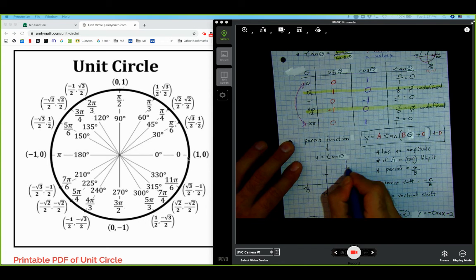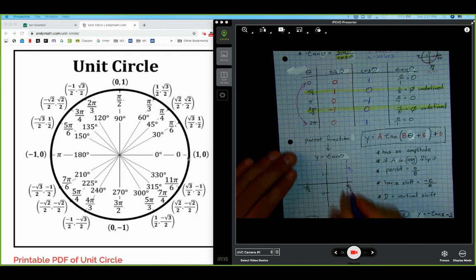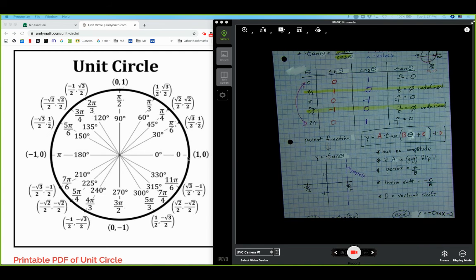This is an asymptote. An asymptote is like an invisible boundary where something's undefined. The function cannot go through that value. It's undefined at pi over 2.